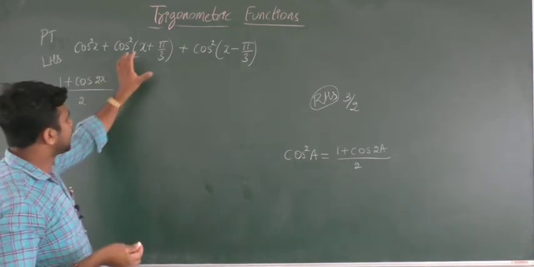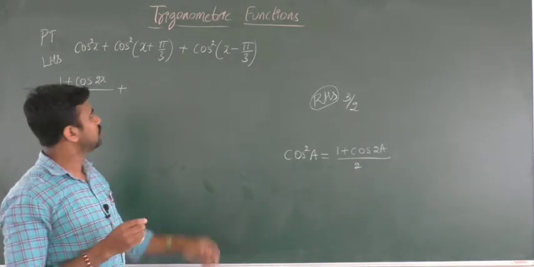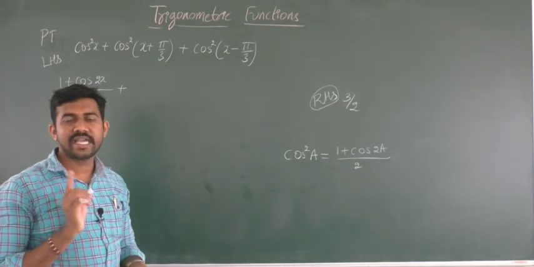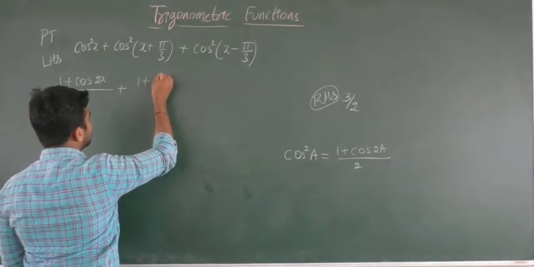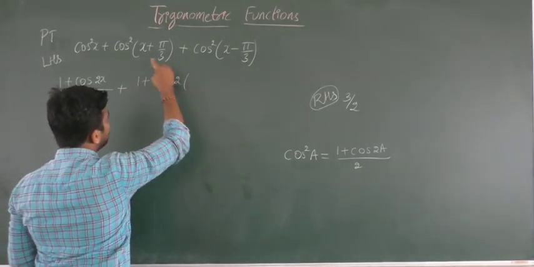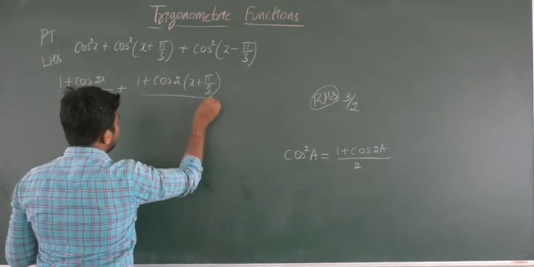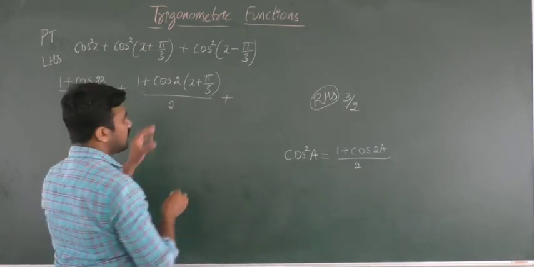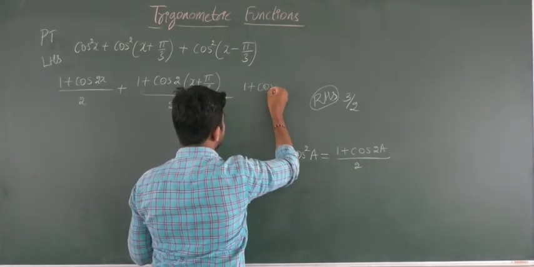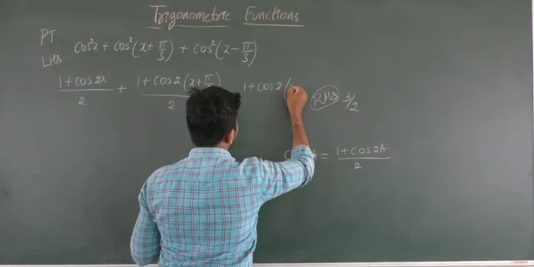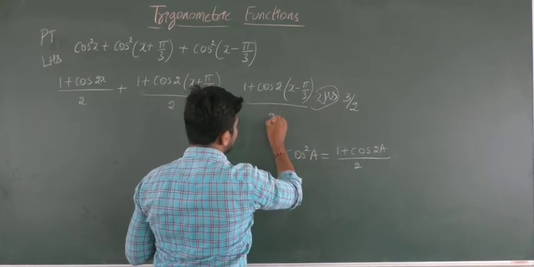Similarly, here also cos square a is equal to 1 plus cos 2a divided by 2. Here a you considered as x plus pi by 3, so we'll get 1 plus cos 2 into a, that is x plus pi by 3, divided by 2. Similarly, for the third term also I am applying the formula, so cos 2a is nothing but x minus pi by 3 whole, divided by 2.